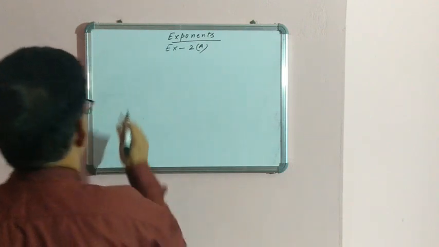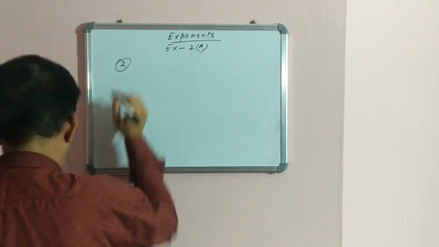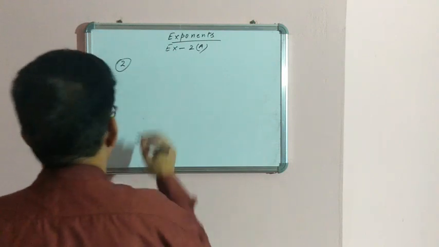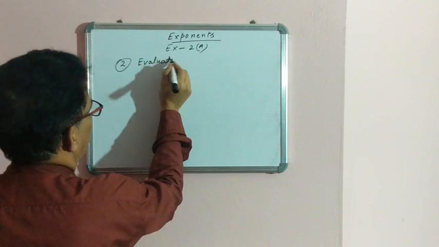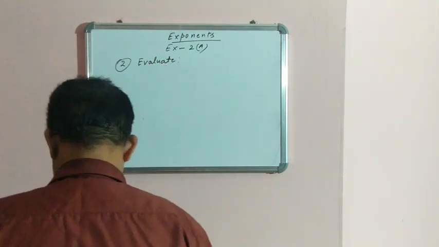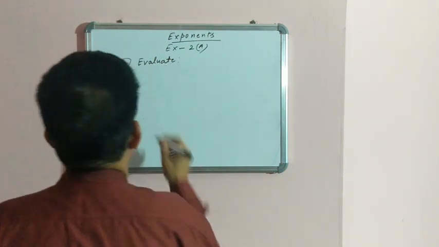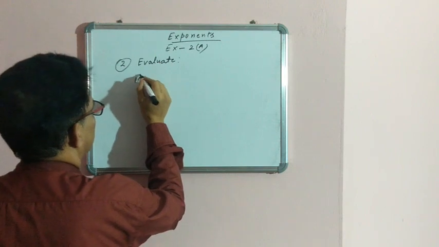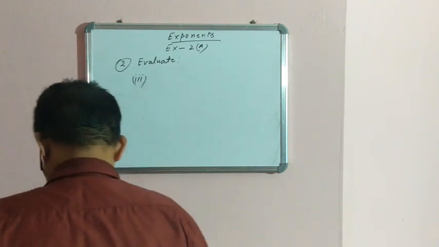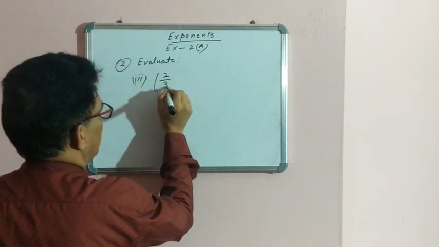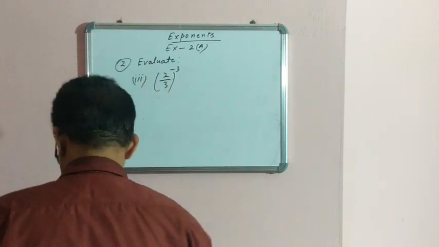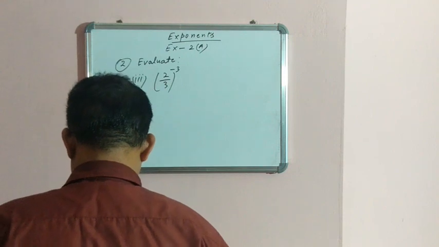Now the second question. Again it is evaluate. The third part I am taking: (2 by 3) power minus 3 into (2 by 3) power minus 2.